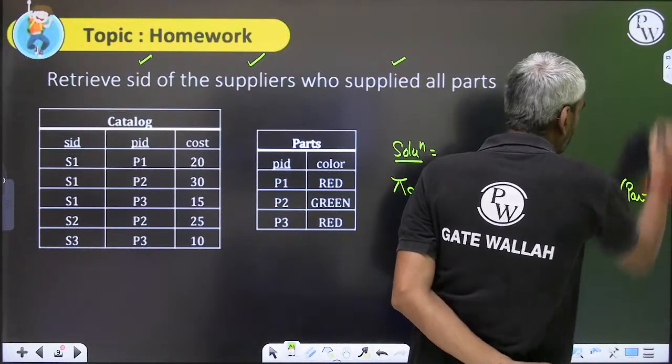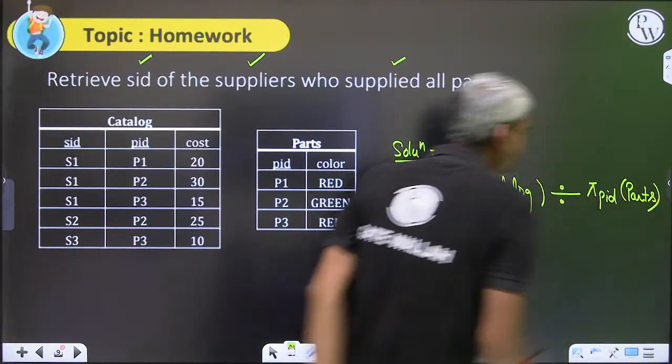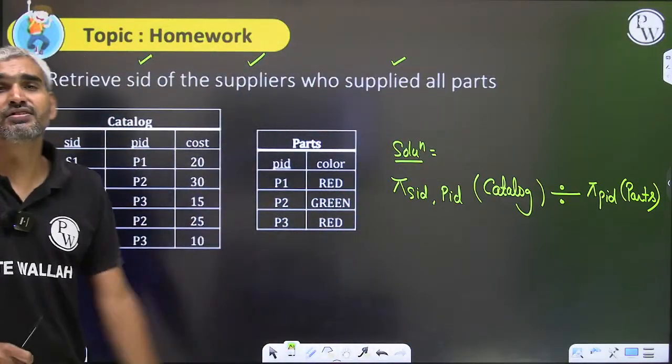So this is how you can write the division operation.